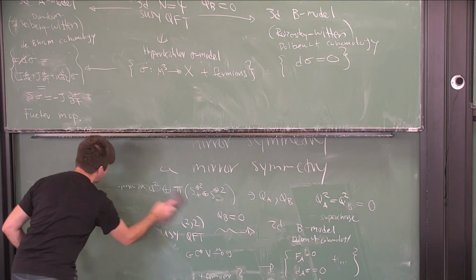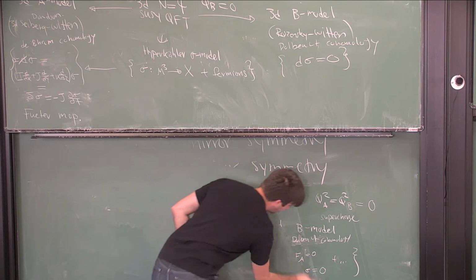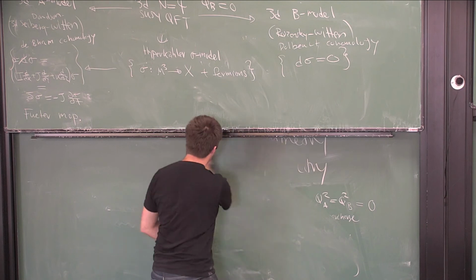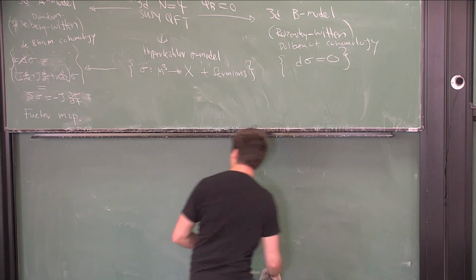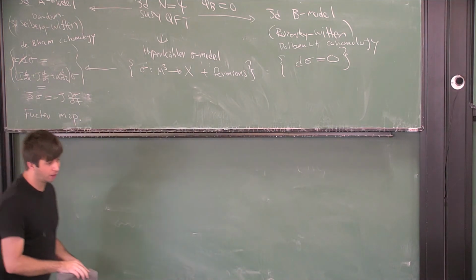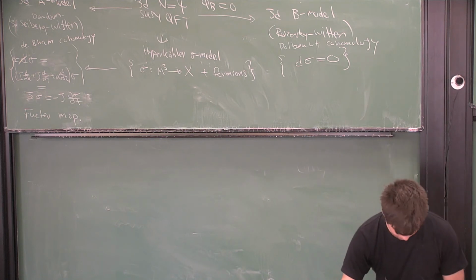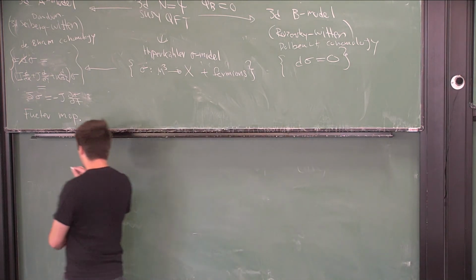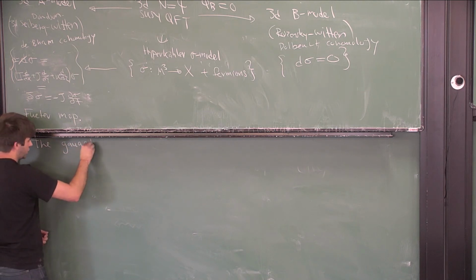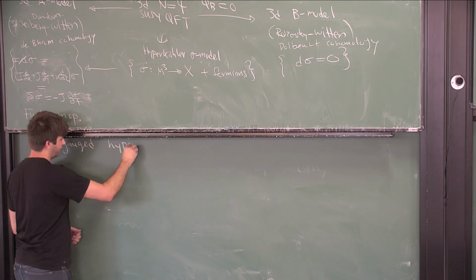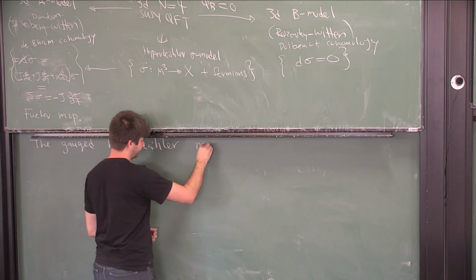That was just to orient you as to what one should expect. And I promise that vortices will appear. Okay, so the one that I want to talk about is the gauged hyperkähler sigma model. So I just told you about the hyperkähler sigma model before.